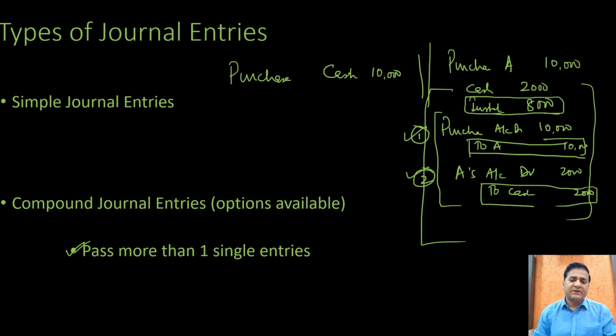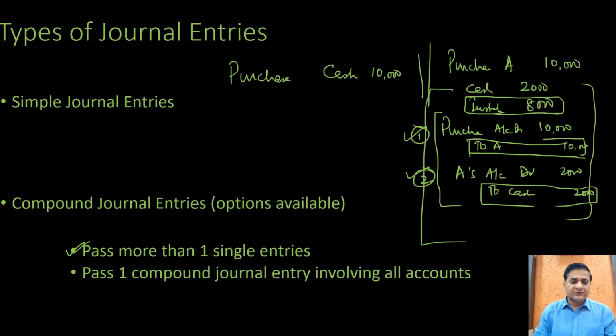Our class would be dedicated to transactions of this type today, right? So I can pass either more than one single entry, or one compound entry involving all the accounts involved here.